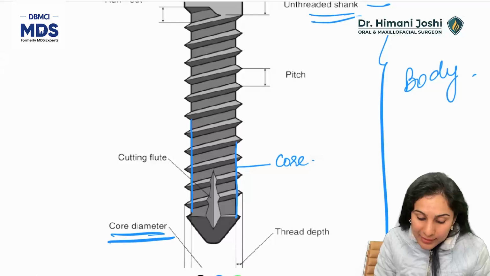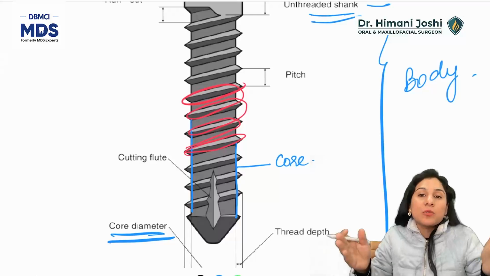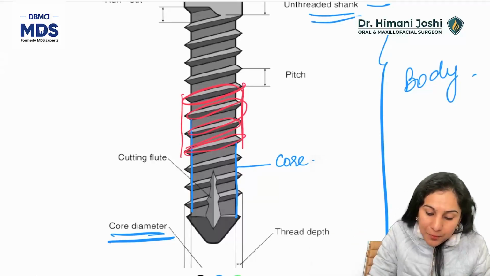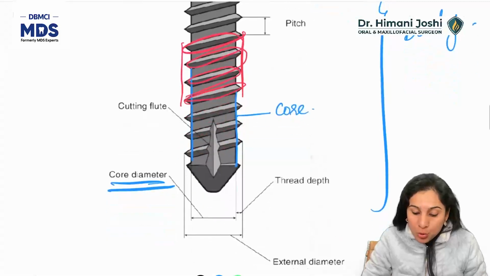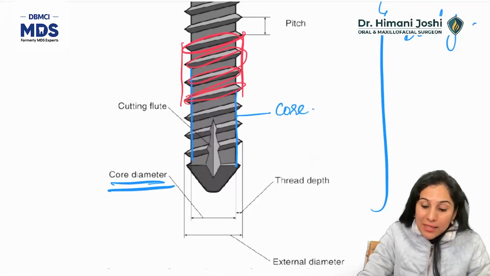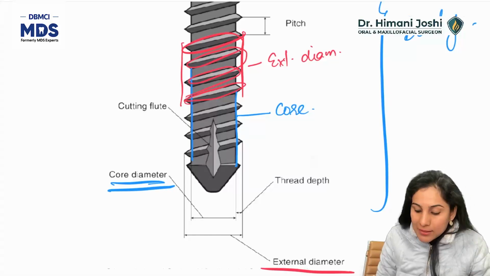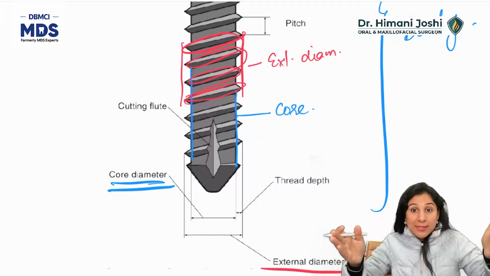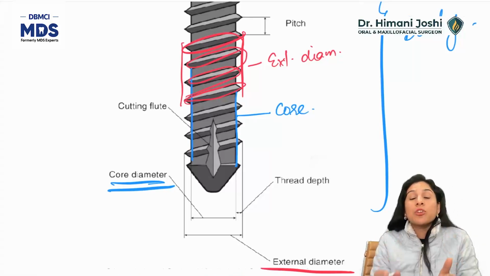Then there are threads, spiral threads, which increase the diameter of the screw at certain points. This external diameter, made up by the threads, is known as the external diameter, and the core is the solid part of the screw in the center.